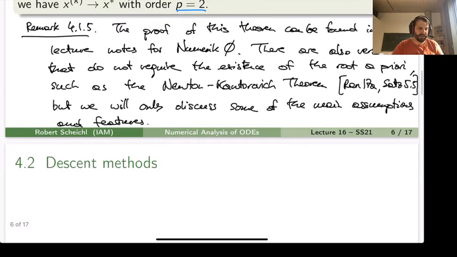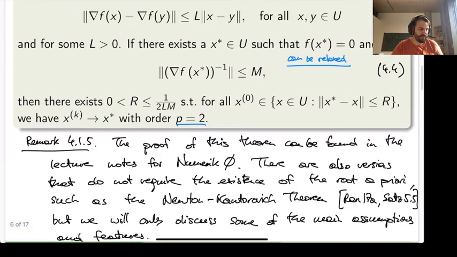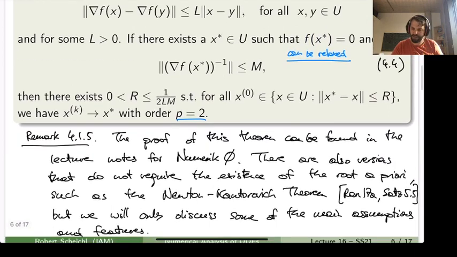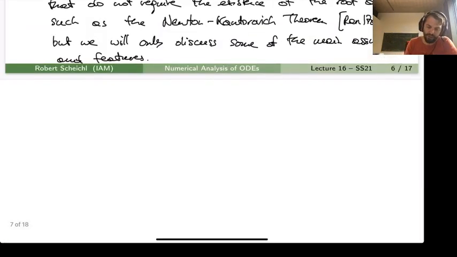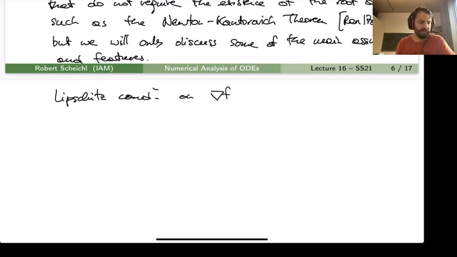Let's put another page, there's no space here. So the Lipschitz condition on the Jacobian is essentially nothing else than the following.